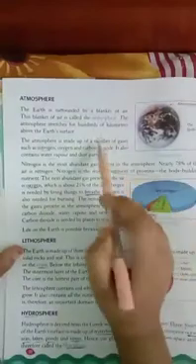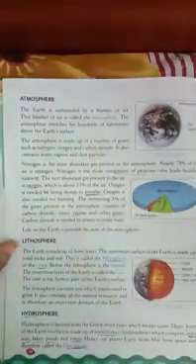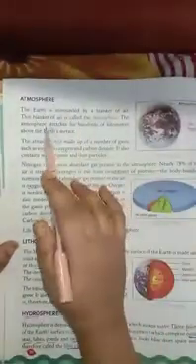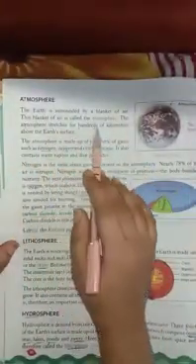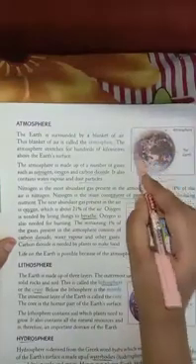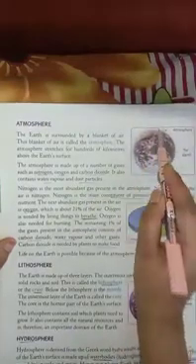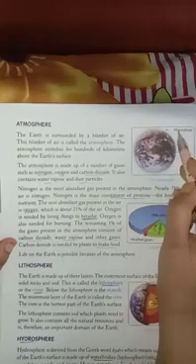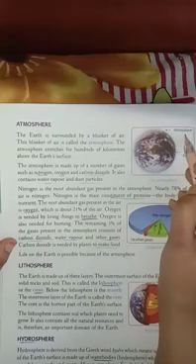Atmosphere. The earth is surrounded by a blanket of air. The blanket of air is called atmosphere. So the earth is surrounded by a layer of air or a blanket of air which is known as the atmosphere.